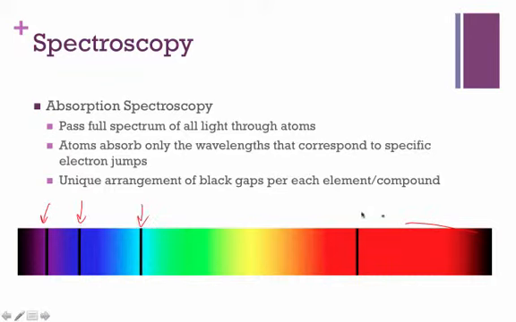These little gaps basically represent the specific energies that your particular atom could absorb. Those energies were absorbed. Now those atoms then re-release that energy, but they re-release that energy in a bunch of scattered different directions. As a result, we don't see that energy show up on the spectrum. As opposed to emission spectroscopy, we end up getting a specific arrangement of black gaps for each element, as opposed to with emission, where we expect to see the bright lines.